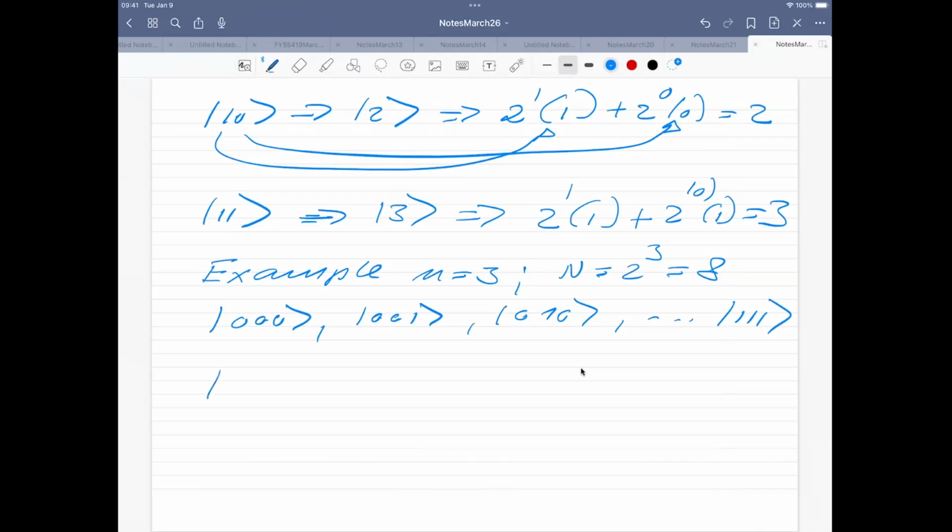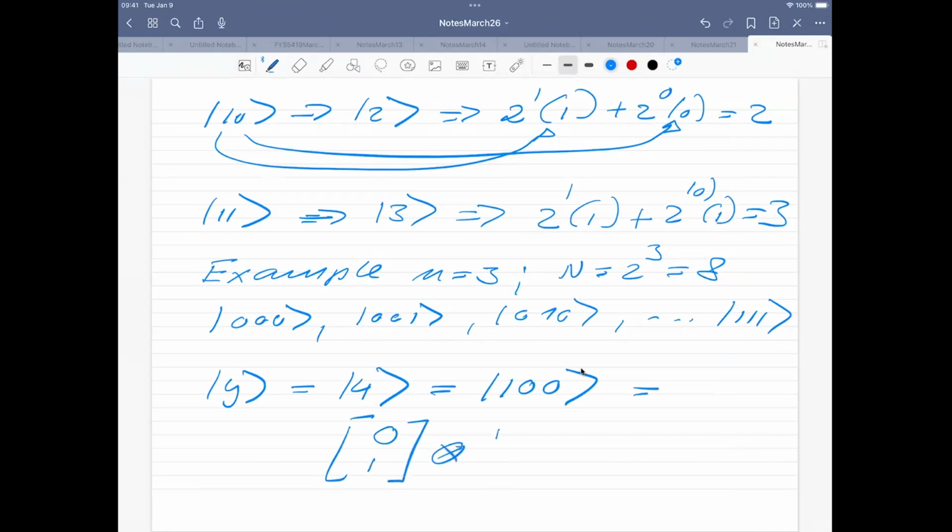So I define now a state which is equal to state number 4, and I want that one to be equal to 1, 0, 0. So that state which you have there is actually going to be given by the following. So it's 0, 1, tensor product with 1, 0, and tensor product with 1, 0.